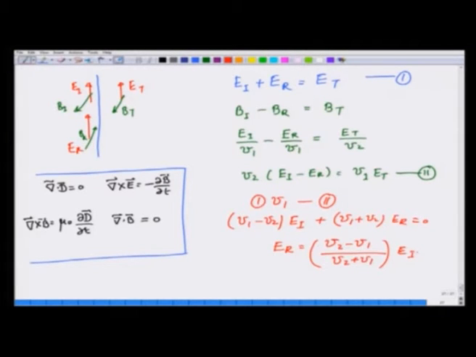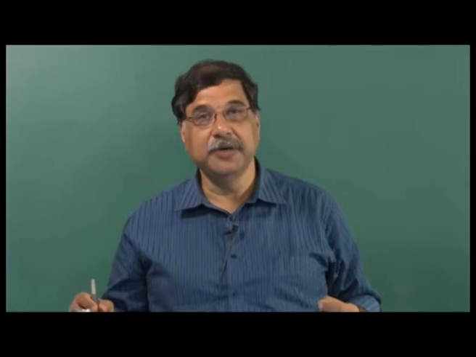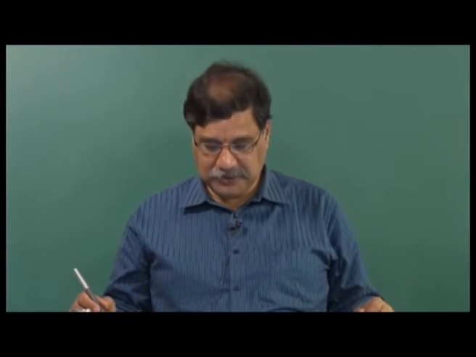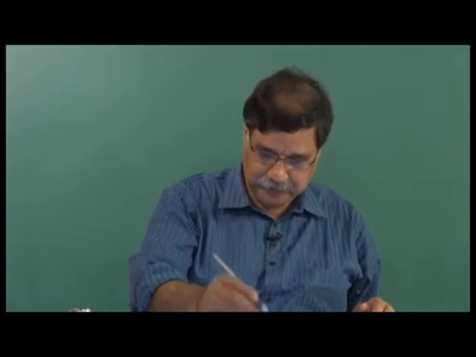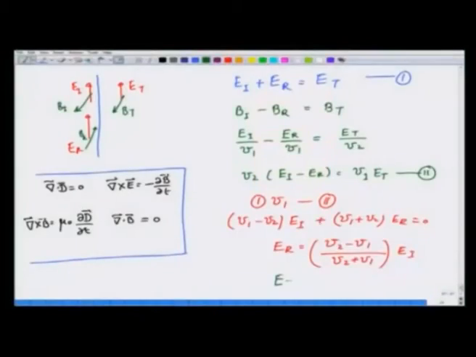Exactly similar relationship in terms of velocities in the two media as it was for the string, and similarly E transmitted will be given by nothing but E incident plus E reflected, which will give me 2 V 2 over (V 2 plus V 1) E incident.